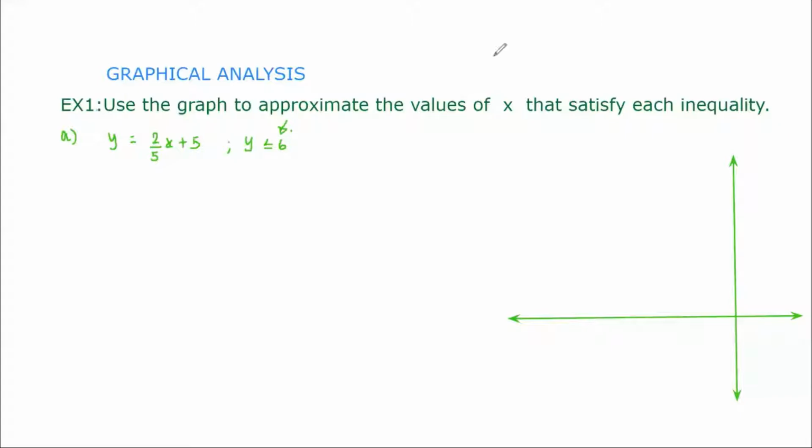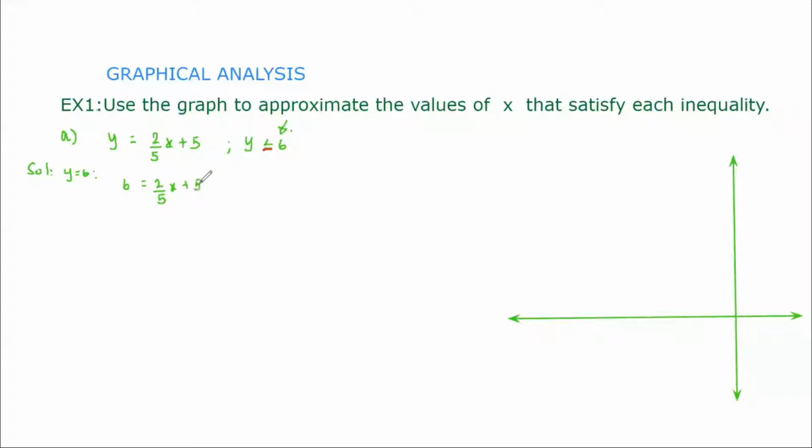Everyone see that? We have an equal sign here, so we start with the number 6. Replace y with 6, equal to 2 over 5x plus 5.